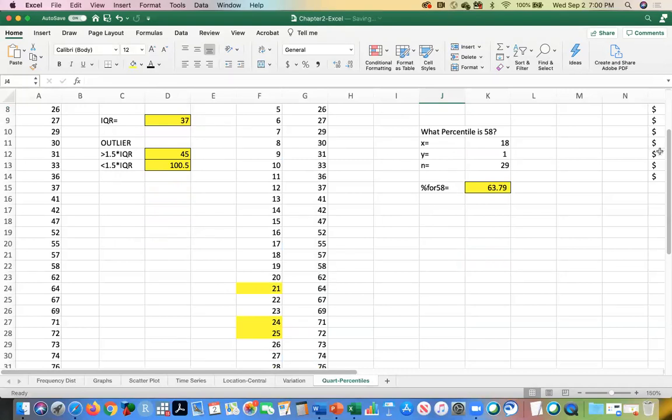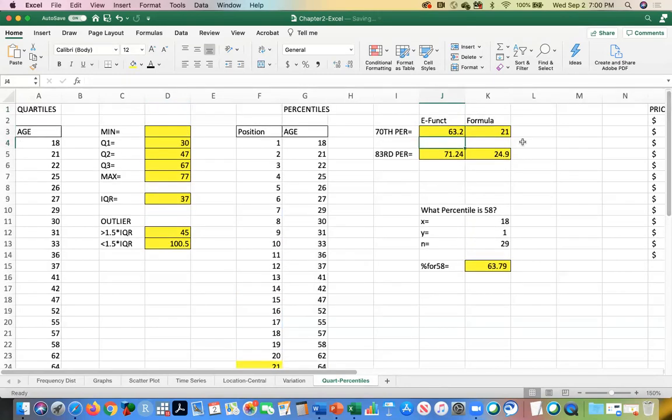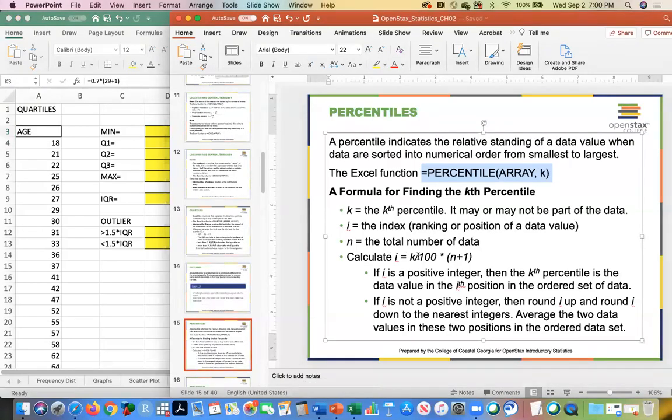With the formula, what we are doing is telling me which of the numbers, what is the position that represents the 70th percentile. For example, I am using this formula, k over 100 times n plus 1, where k is the rank. For example, if I want the 70%, it's going to be 70 over 100 times the sample size plus 1, right?